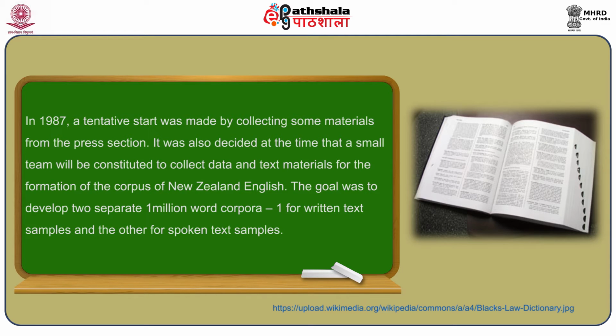It was also decided at the time that a small team would be constituted to collect the data and text materials for the formation of the corpus. The goal is to develop two separate one million word corpora, one for written text samples and the other for spoken text samples of New Zealand English.